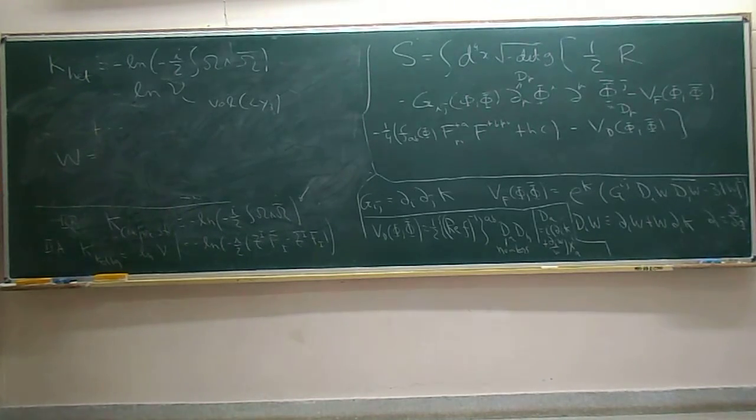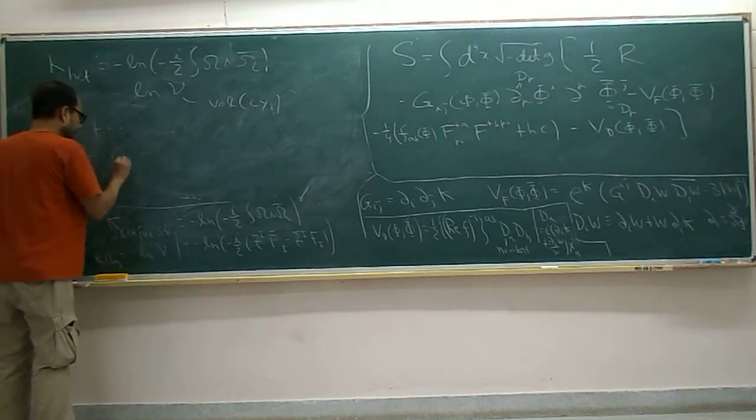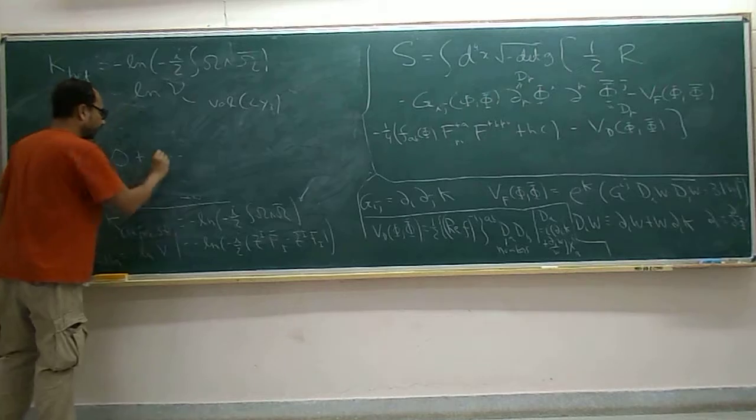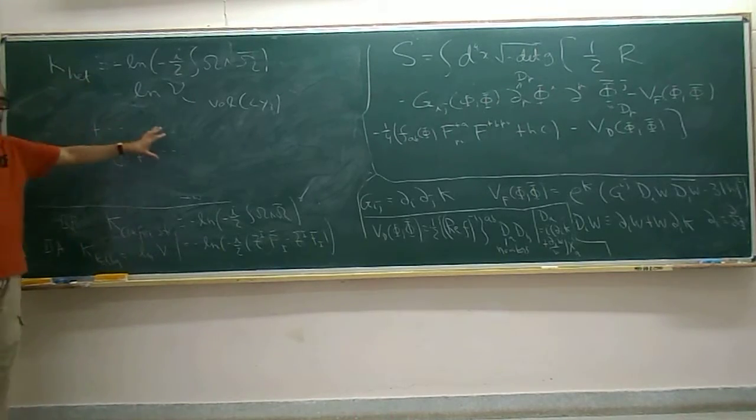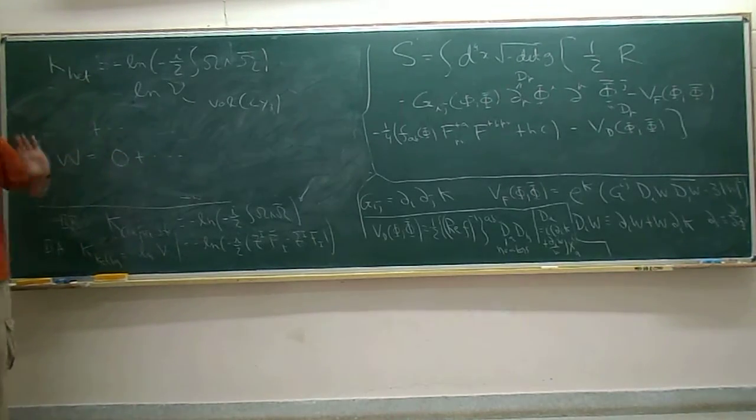So if there is a contribution to W, it must involve the scalars that are coming from gauge field reduction. If you set those scalars to 0, then W must vanish. So W is 0, plus other terms. These dotted terms basically mean that they must vanish when the scalar fields coming from gauge fields are set to 0. Is this point clear?